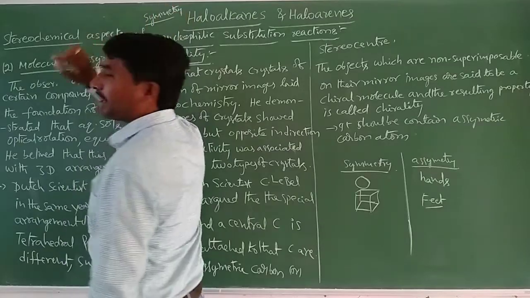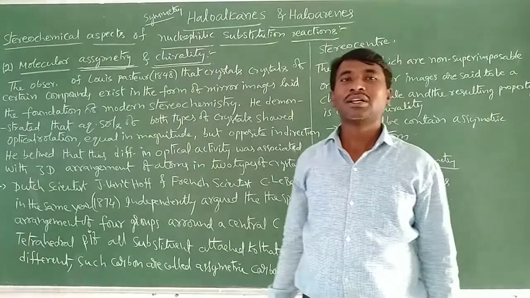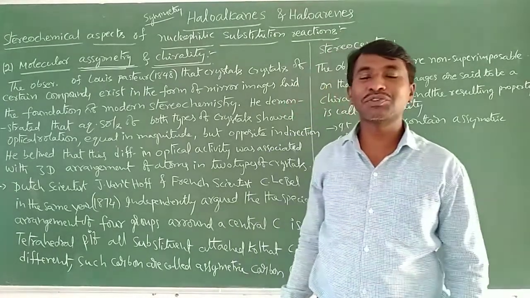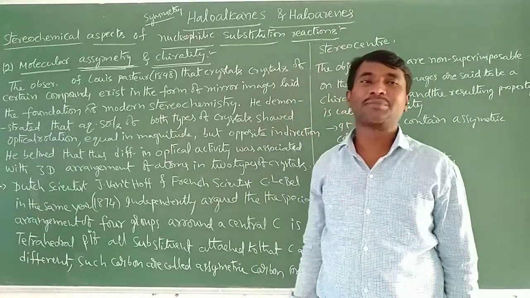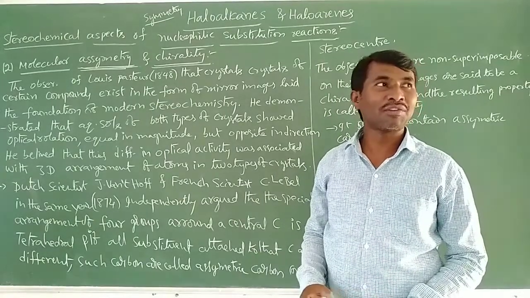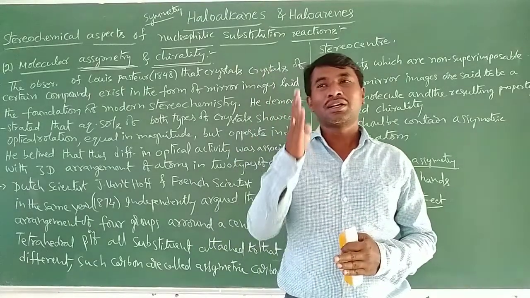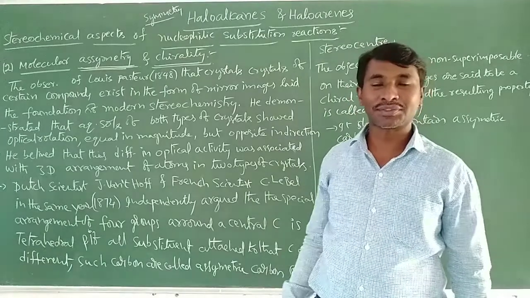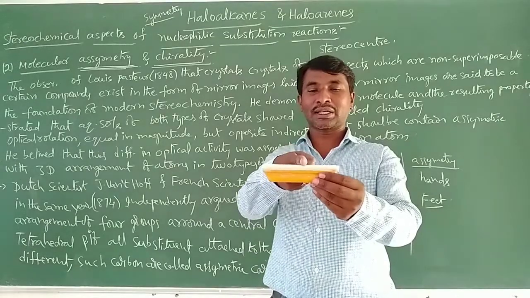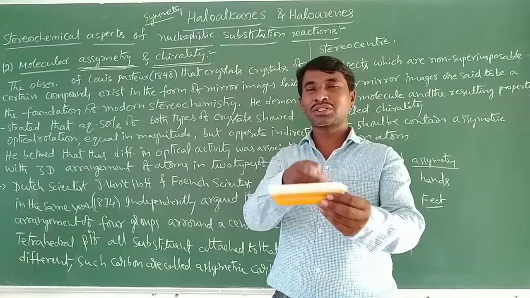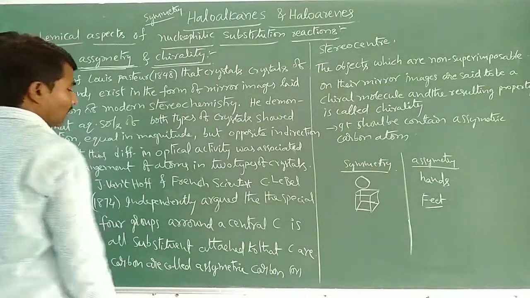When any compound is cut in one direction and that gives equal halves, that is called a plane of symmetry. Suppose this duster, when cut at this angle, gives equal halves, that is a plane of symmetry. Like this.